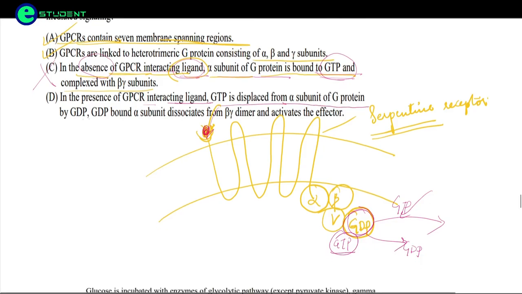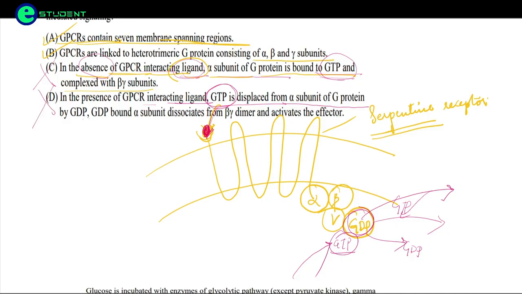No. Whenever the ligand binds here, this GDP is removed and GTP is added. But what it is giving here is that GTP is displaced. No, GDP is displaced. So this is also the wrong option.